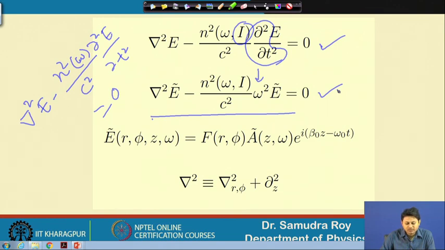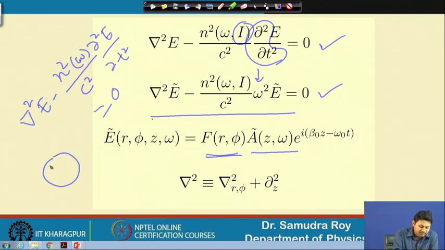Now, if I want to solve completely, then I need to write the electric field in total form. The electric field in Fourier domain can represent the total form. This is the envelope part, and this is the field distribution. When we write the electric field, that means the electric field should have two components. So, this is my laser light, this is the laser light that is falling on some wall or something. So, there is a distribution over space, and this space distribution is represented by this r phi coordinate, and also there is a temporal distribution of this pulse.